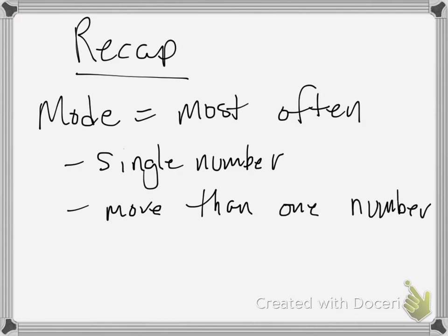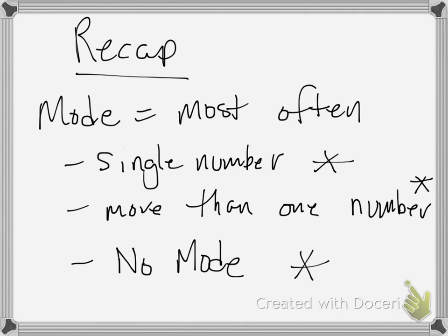And also, it's possible that there is simply no mode. That is possible too. So no matter what data set you look at, there's going to be 3 different options for the mode. Again, it's the number we see the most often, so it could be a single number. It's possible that it's more than one number, like in my data set that had the 2 3s but also the 2 4s. And it's also possible that there will be no mode.